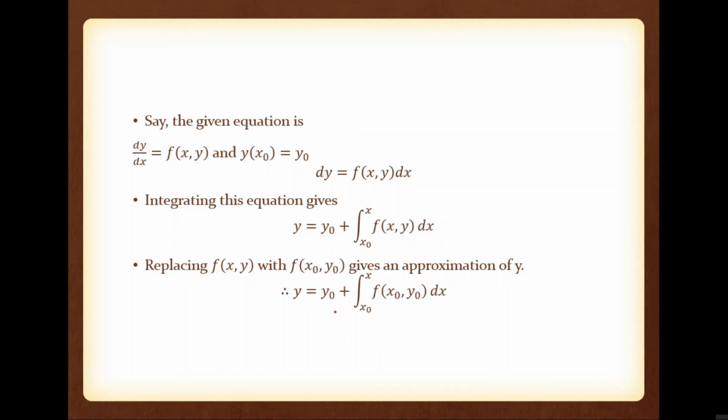So after solving this, we have y is equal to y0 plus x minus x0 into f of x0 comma y0, where x is very close to x0.